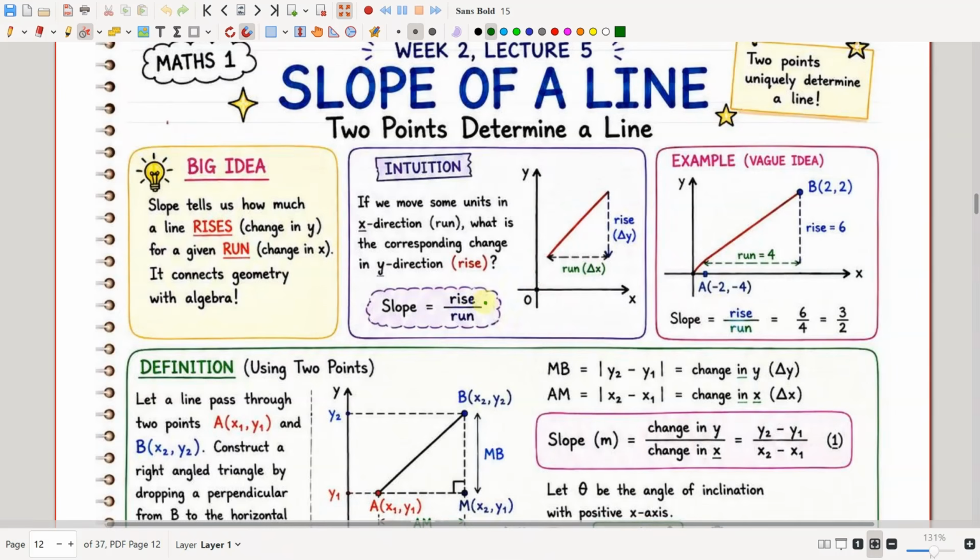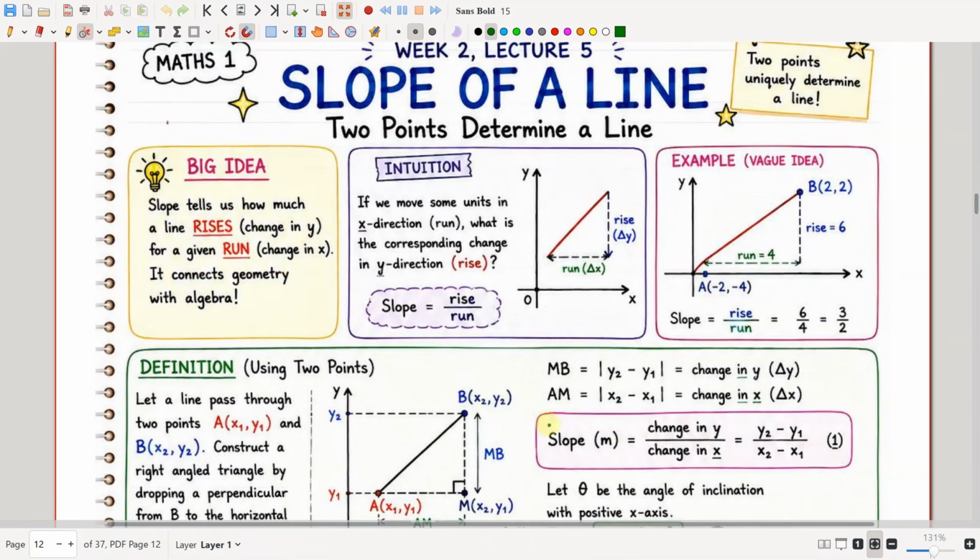So rise will be change in y, and run will be the length, which denotes the x-axis. So run will be change in x.